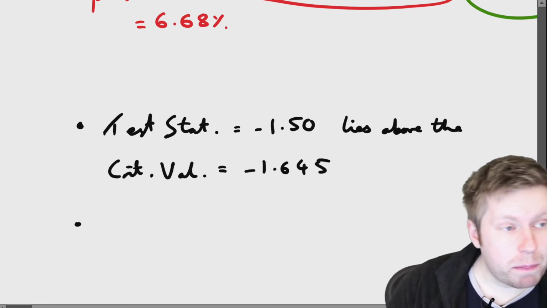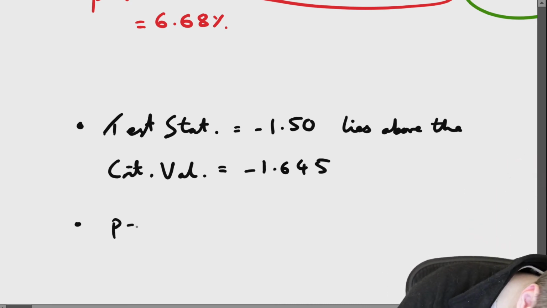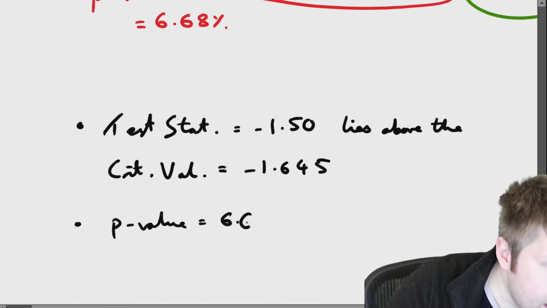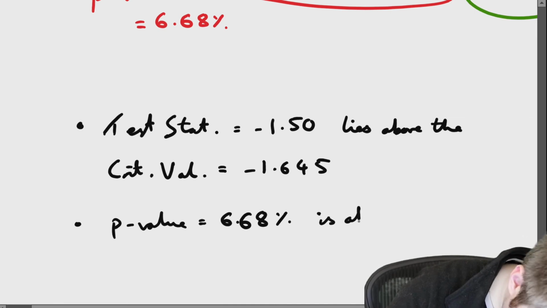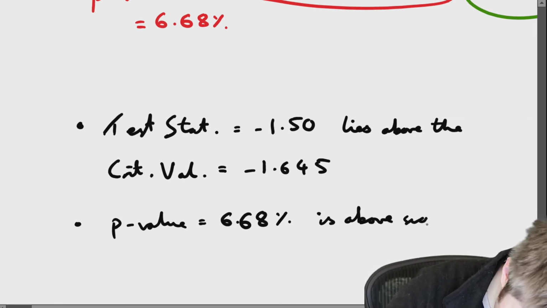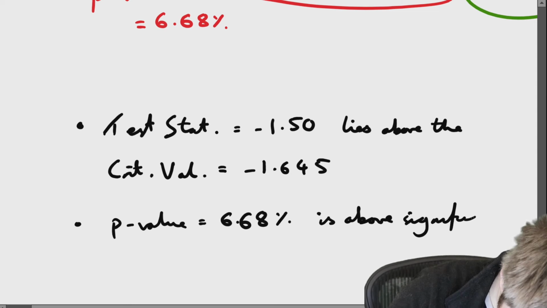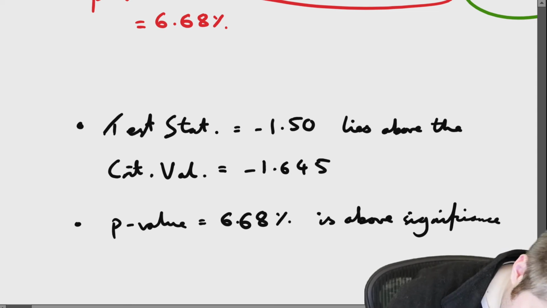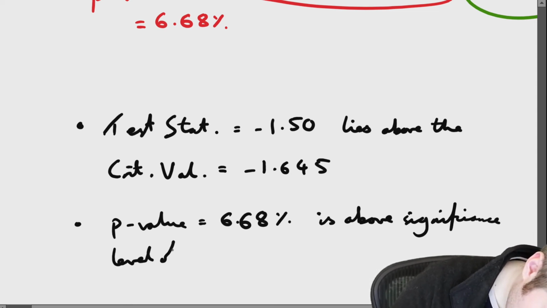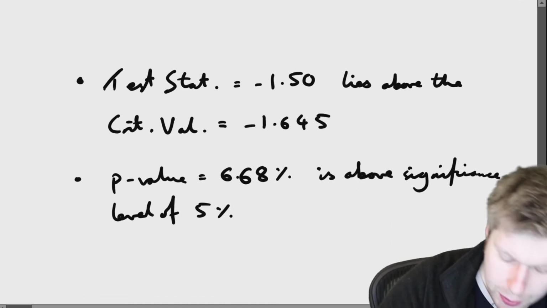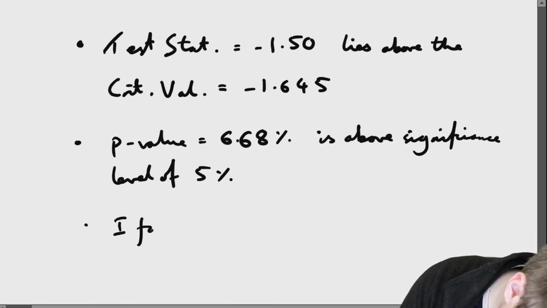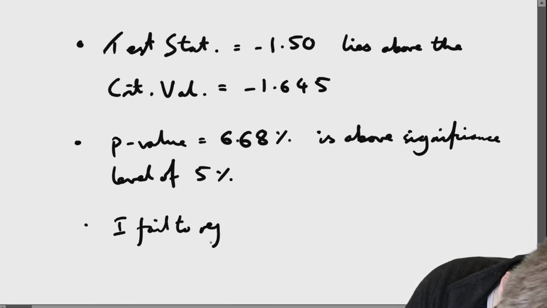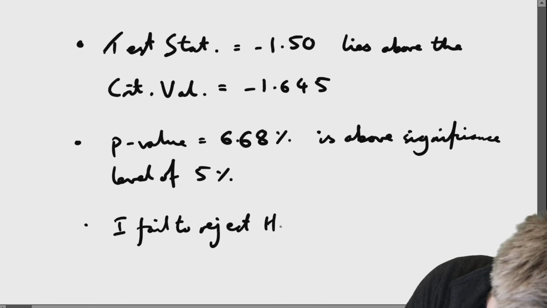I'm also going to do it from the perspective of the p-value here as well. So the p-value, which was 6.68%, is above my cutoff value, my significance level of 5%. So what's the conclusion of my test? I fail to reject the null hypothesis.